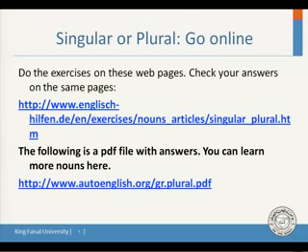The second web page has a PDF file with answers. You can learn more nouns here, singular or plural nouns. So I advise you to go to these web pages and learn more about nouns.